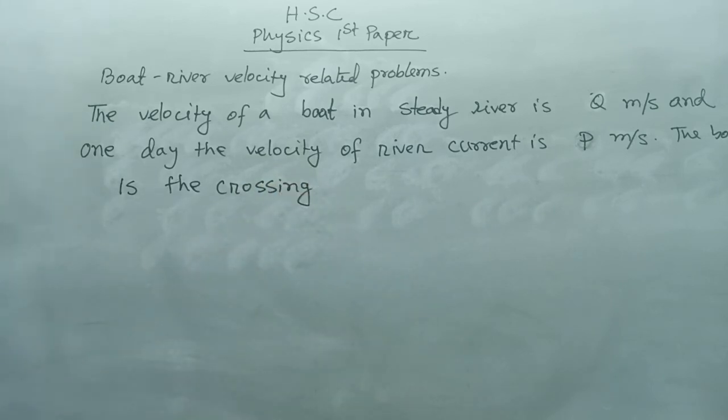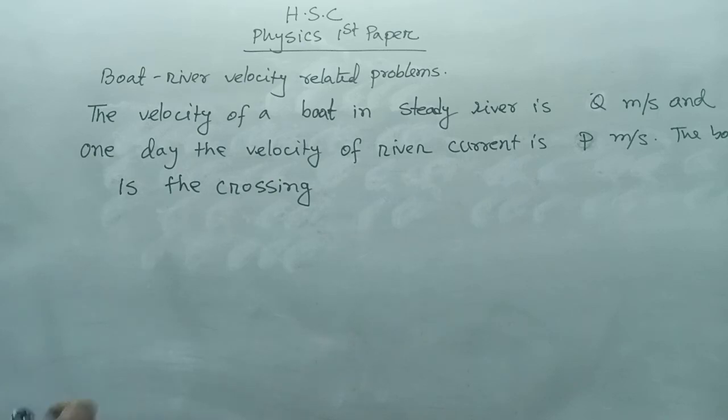We will discuss in today's class all the topics related to boat and river velocity problems. So if you attend the class with your attention, I do believe all sorts of problems related to these things will be solved. So be attentive, please.